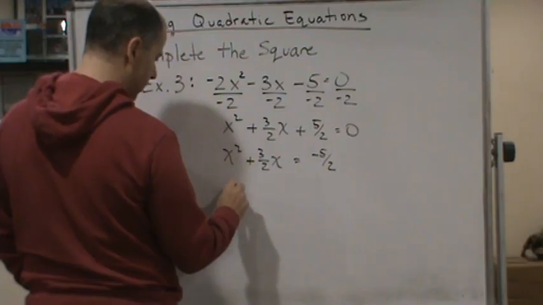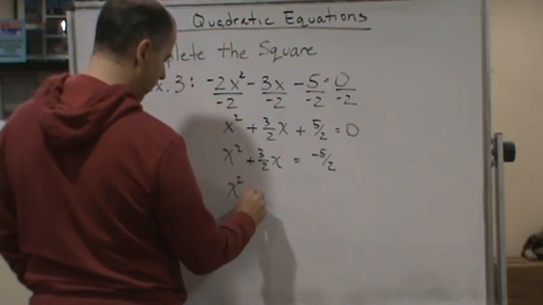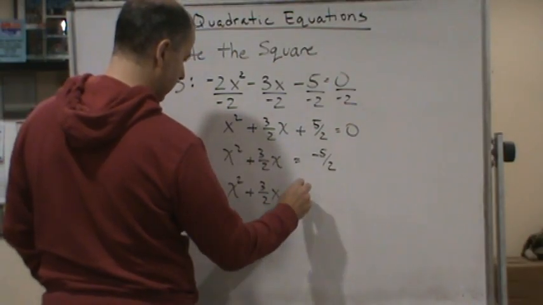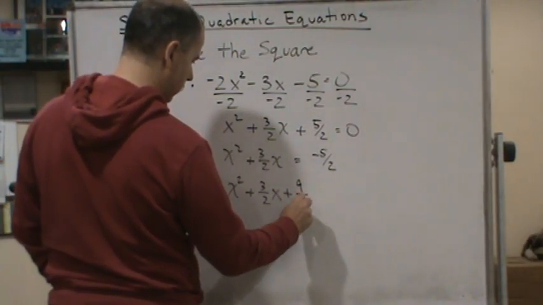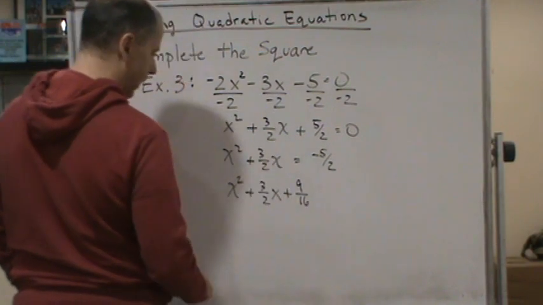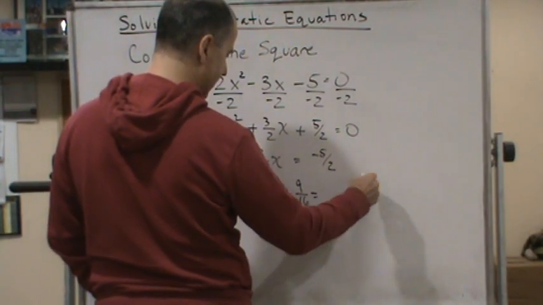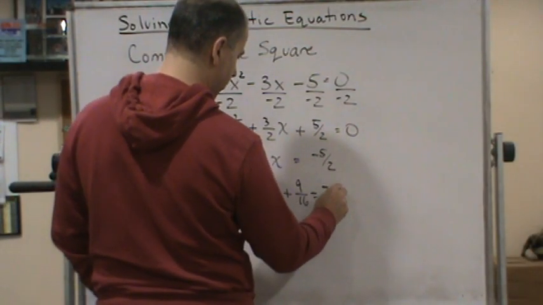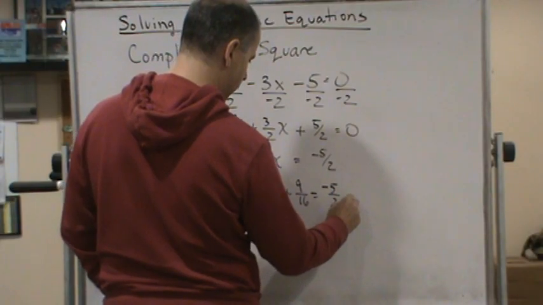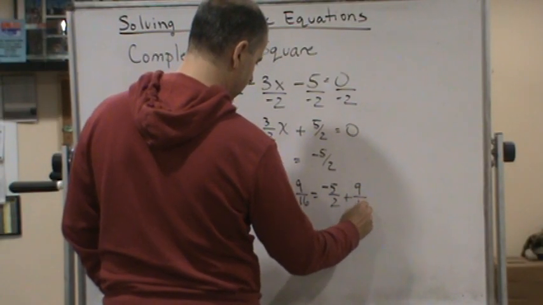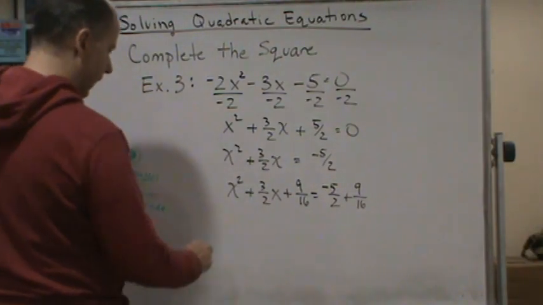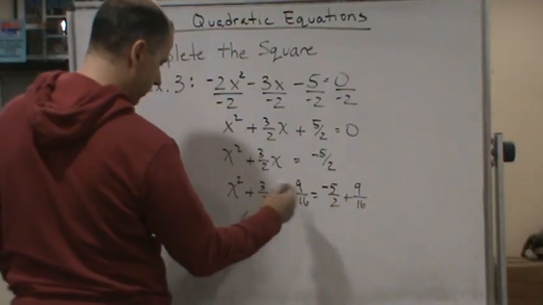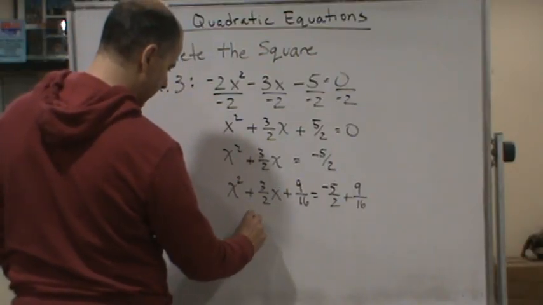Okay? So if I complete the square, I'm going to write x squared plus 3/2 x plus 9/16. And then I'm going to write 9/16 over here as well, because whatever I add to one side, I have to add to the other. So I get -5/2 plus 9/16. Okay? Now, this side will factor as a perfect square.